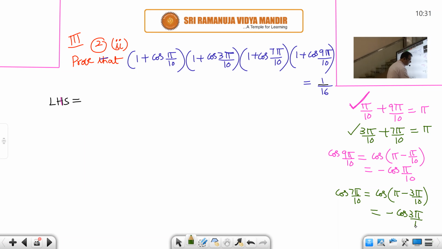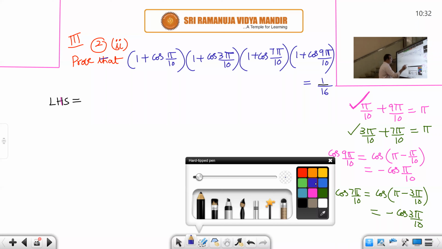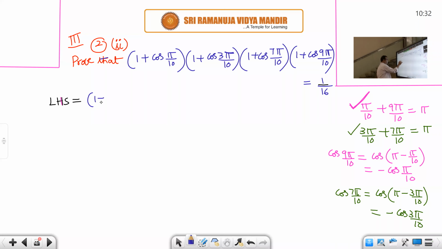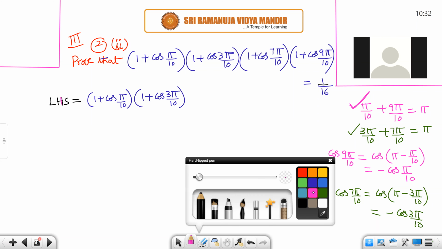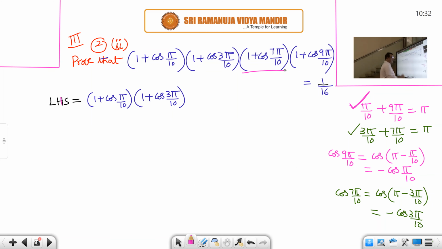So these values we will substitute in the equation on the left hand side. Left hand side, 1 plus cos pi by 10 as it is, we will write. Second bracket also no change. But in the third bracket, cos 7 pi by 10 is there here.